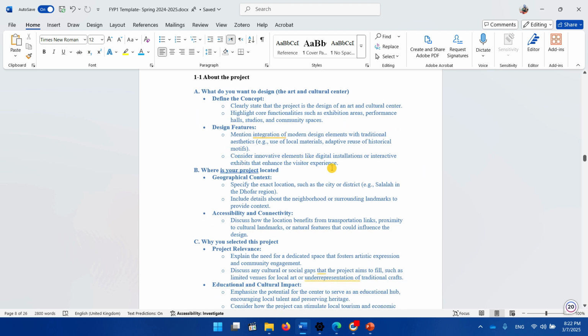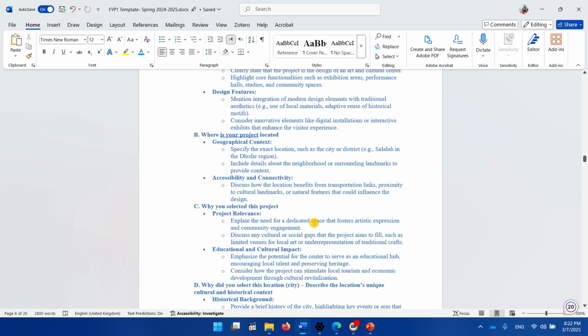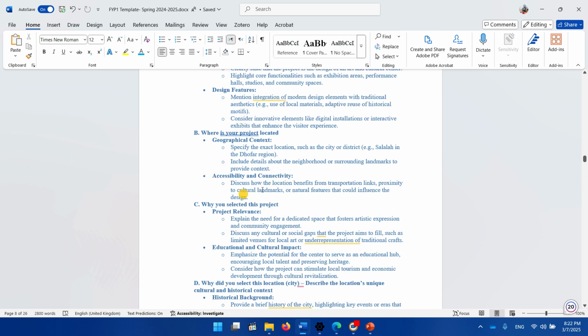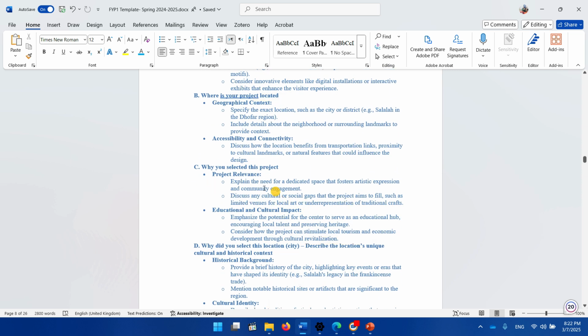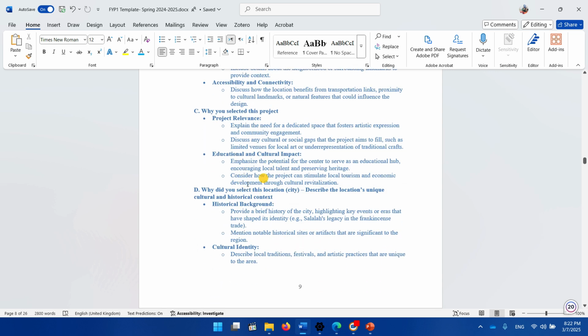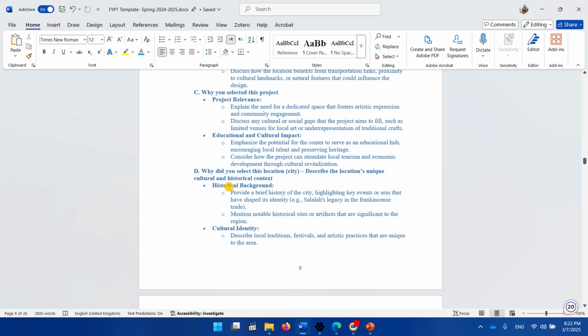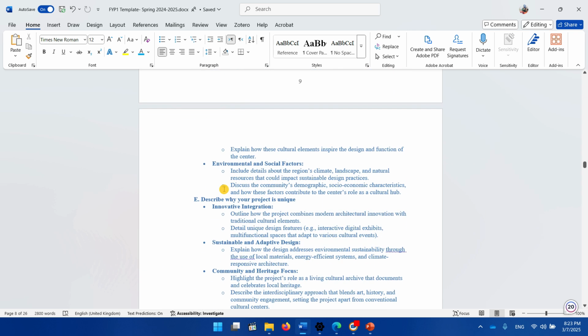What design features does it have? Where is it located? What about the accessibility? Why did you select this project in terms of educational, cultural, whatever, okay? And why did you select this location, like in this city, for example Salalah or Sur, why did you select these areas, okay?